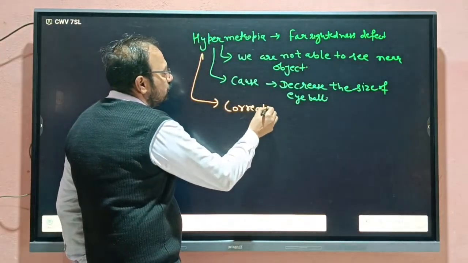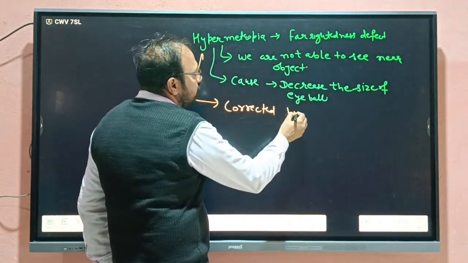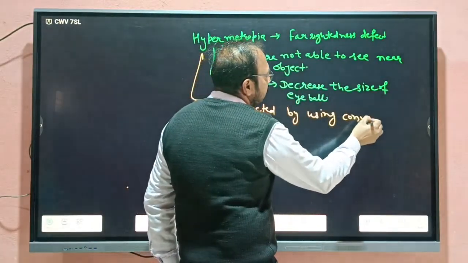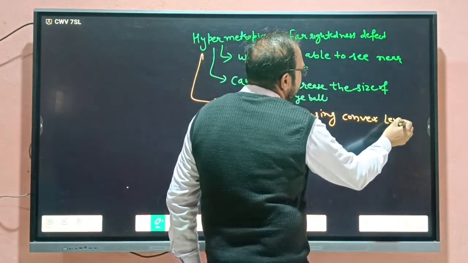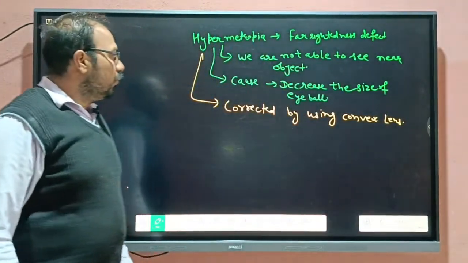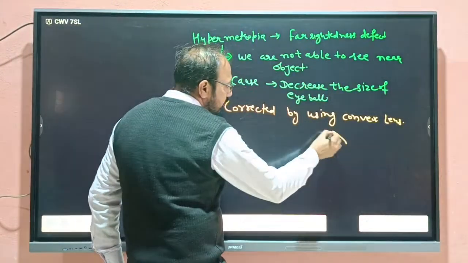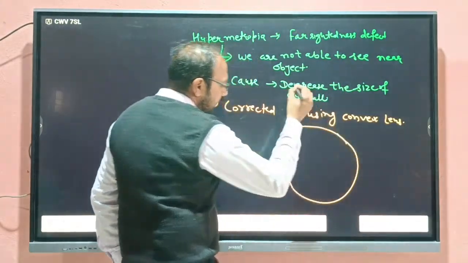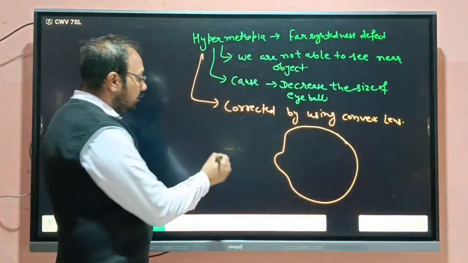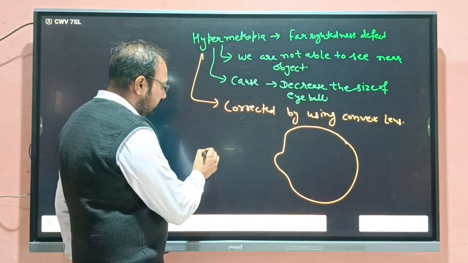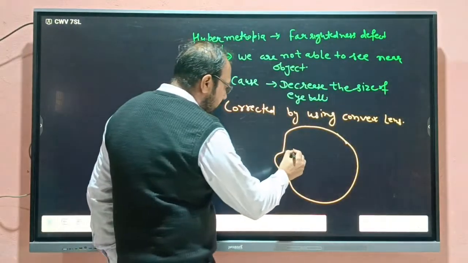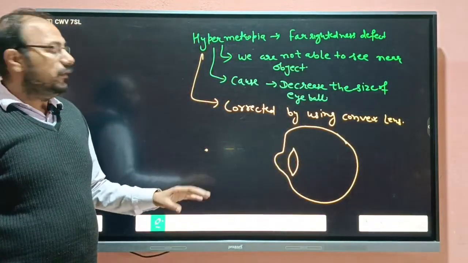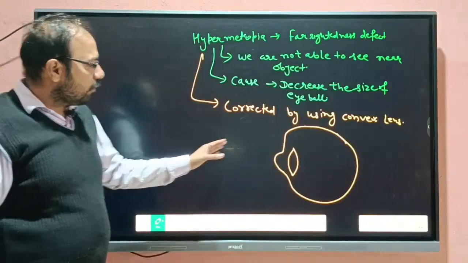It is corrected by using a convex lens. So for example, this is an eye, this is an object, and this is the lens. For a correct eye, this object is formed at the retina.